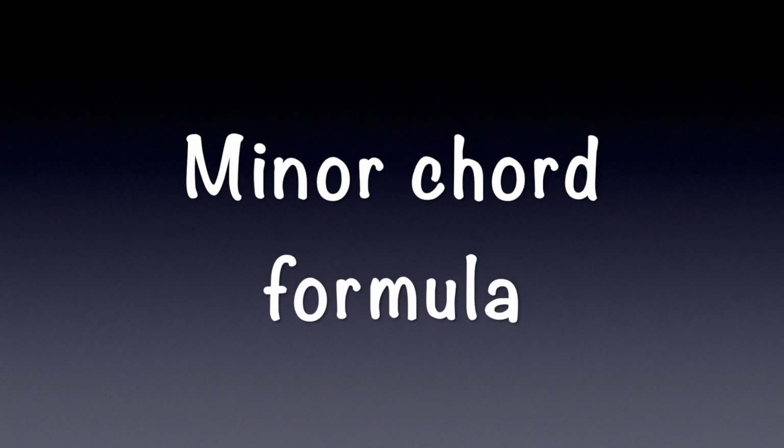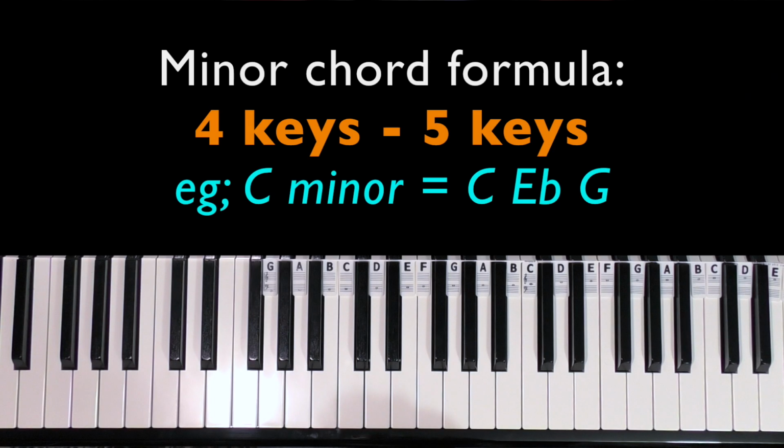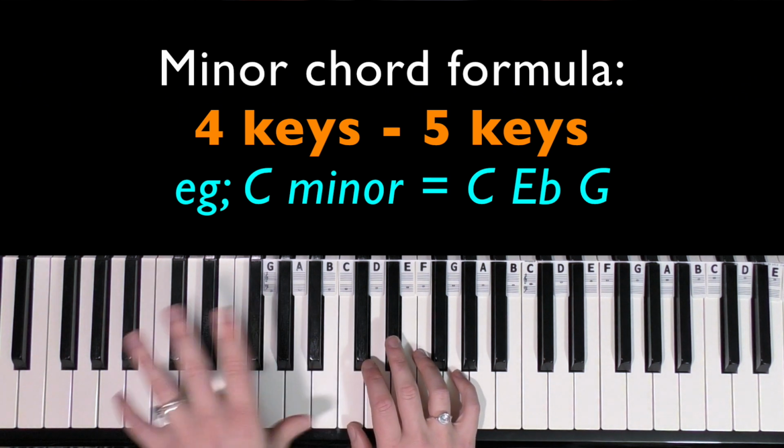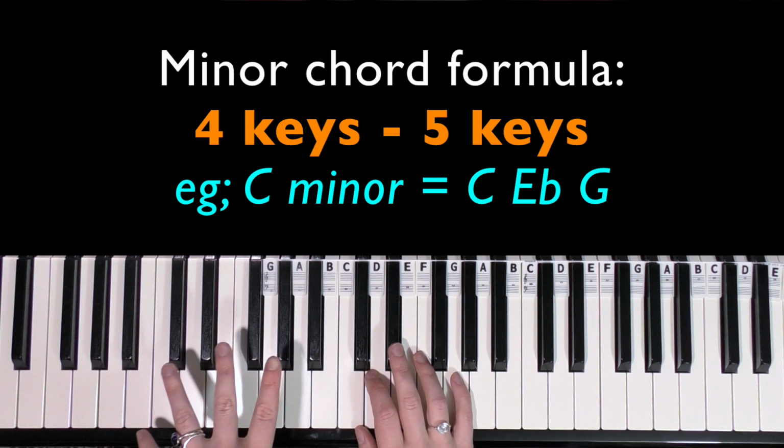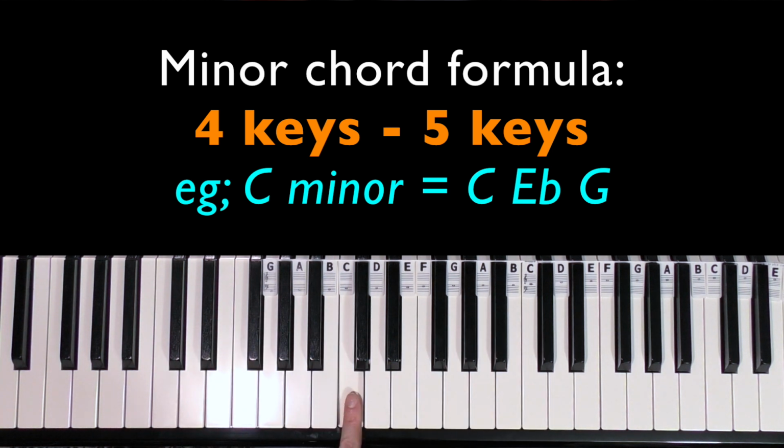So let's just go over the formula for a minor chord. All of these chords are going to be minor. If we take C minor for example, this is a formula so you can work out any minor chord on the piano from any note. We have your first note, and then the next note is going to be 1, 2, 3, 4 keys away.